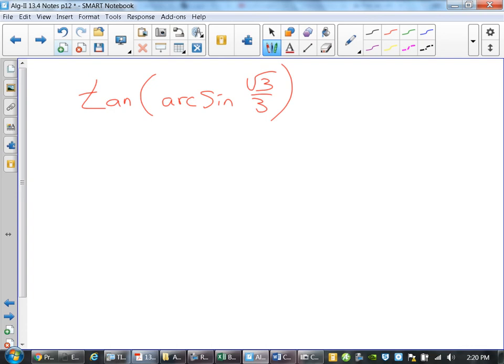What angle has the sine of root 3 over 3, and what's its tangent? Whoa.